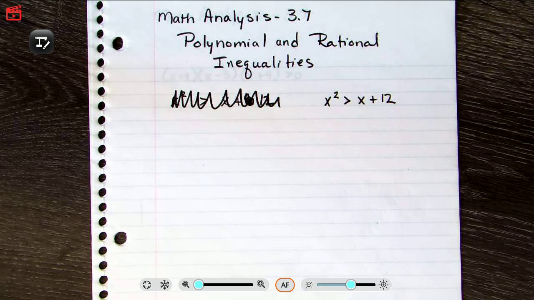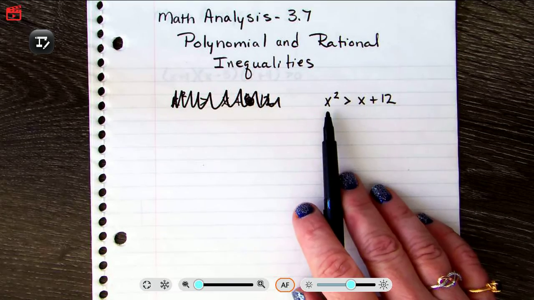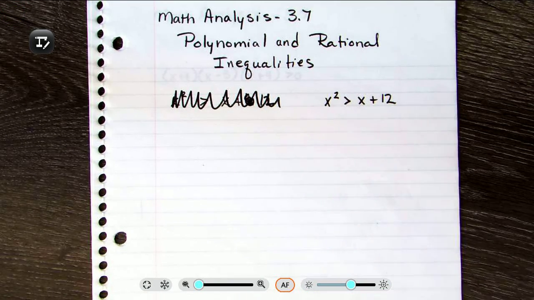And it is a rather difficult task, but I'm going to just jump right into some of these examples, and hopefully through the examples I can explain as I go my thought process and how to do things, why I do them, and so forth. So this first example, I have x squared is greater than x plus 12.